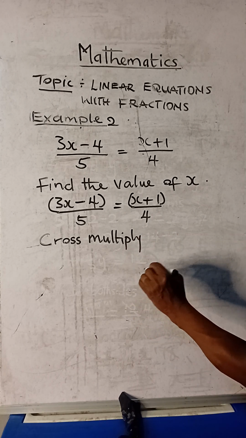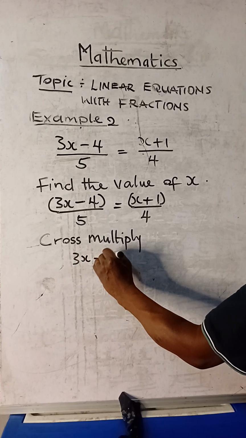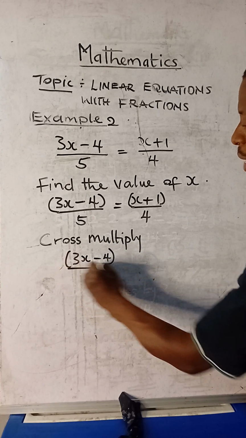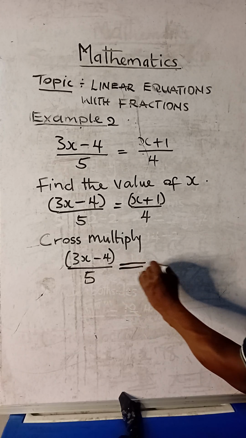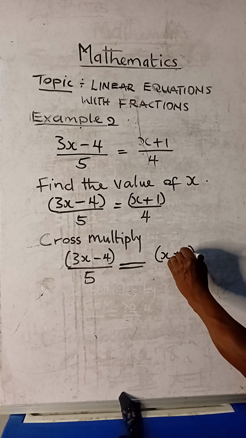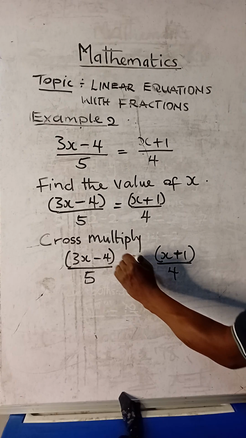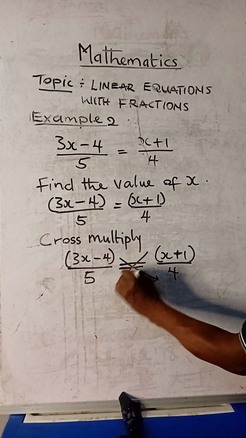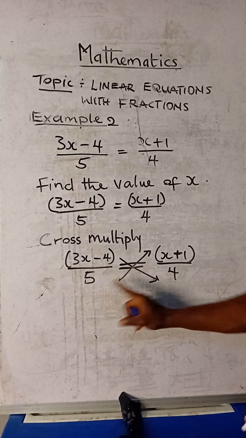Now it means we are going to say that 3x minus 4 all in the bracket over 5 equals x plus 1 all in the bracket over 4. Cross multiplication, we multiply. We'll take the denominator of this side to multiply this.